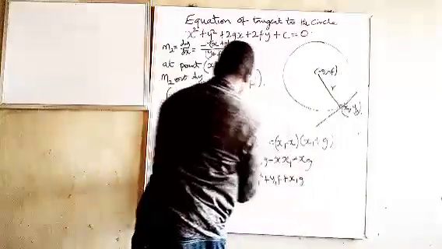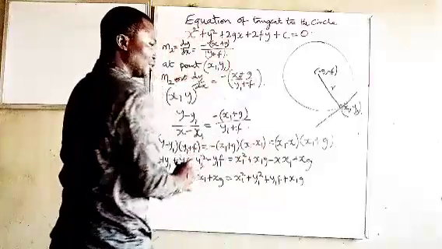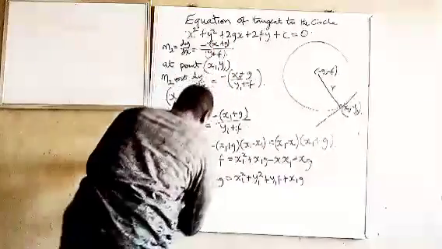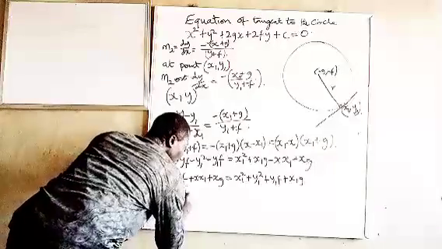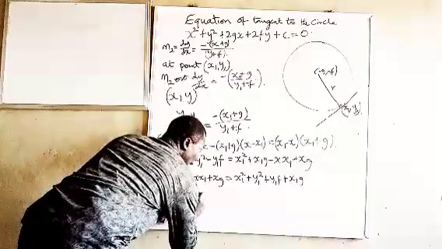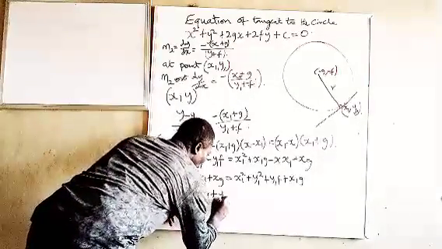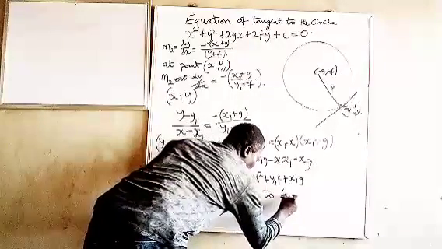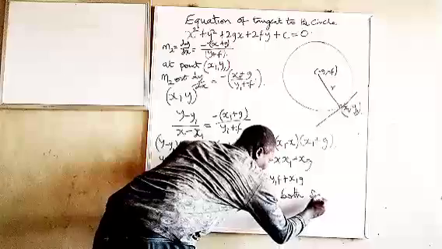So if we add the same thing to both sides, for integrity of the equation to be maintained, we are going to have something sensible. So let's add x1g plus y1f plus c to both sides.